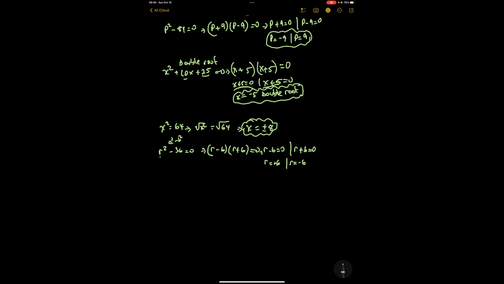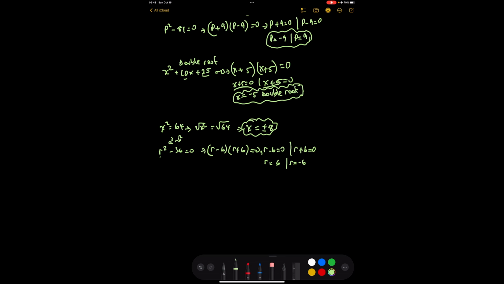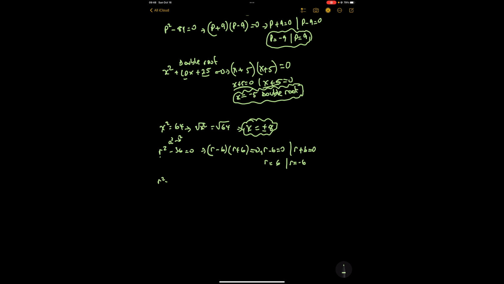Right? So that's one way of doing that, but we're going to do it by using the square root. So let me do the second way, which is the square root. r squared minus 36 equal to 0. I'm going to add 36 on both sides, and I get r squared equals 36. Now I'm going to take the square root of r squared equals the square root of 36.